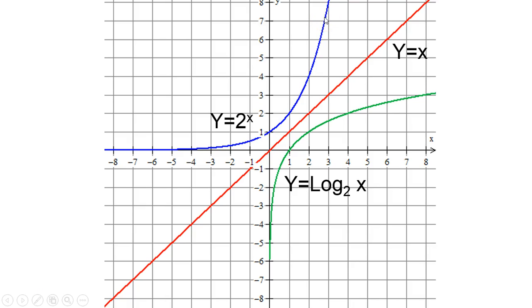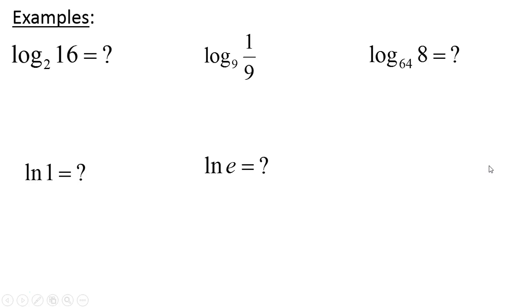Here is its reflection across the linear parent function y equals x. That's our logarithmic function, and again, from your algebra class, you probably talked about how inverses are reflected across the line y equals x. So a little graphical take on that idea.